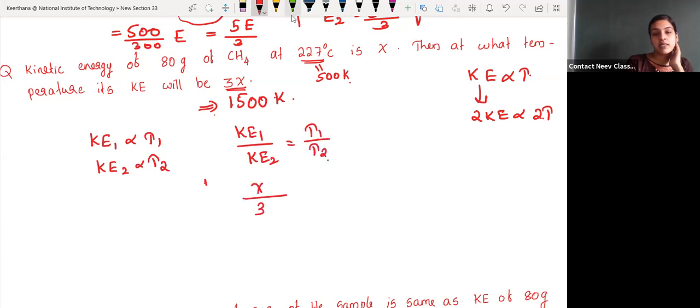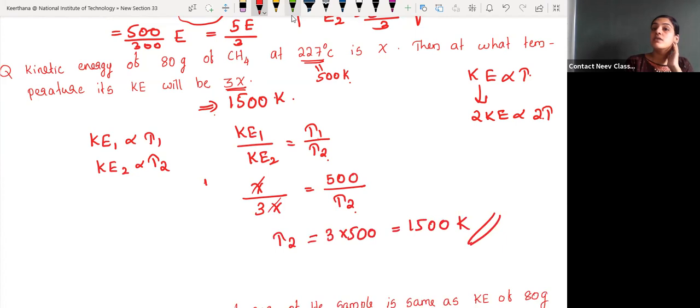So X by 3X is equal to 500 divided by T2. X and X will cancel out, and T2 is equal to 3 into 500, equal to 1500 Kelvin. That is the easier way.